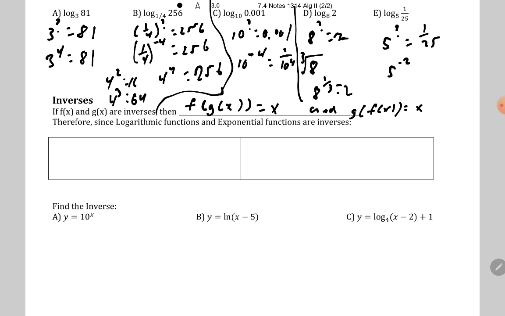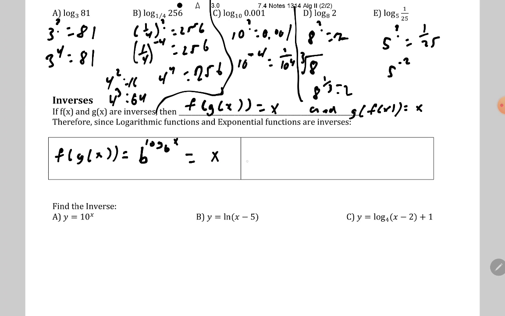Since logarithmic functions and exponential functions are inverses, we can say f of g of x is the same thing as b to the log base b of x, which equals x.